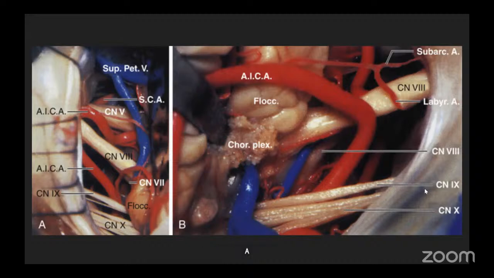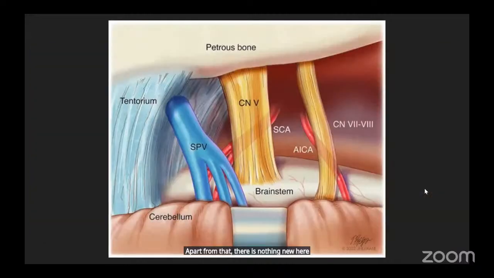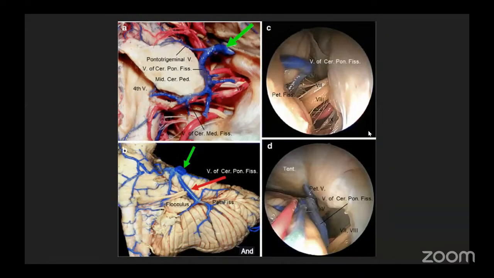Apart from that, there's nothing new here in terms of anatomy. Let's take a very quick look. You can see the superior petrosal vein, the 10th, which is our superior limit. We have the trigeminal nerve, and we have the 7th and 8th complex along with the ICA. And this is another cadaveric image. These are the endoscopic images. They're somewhat more interesting.